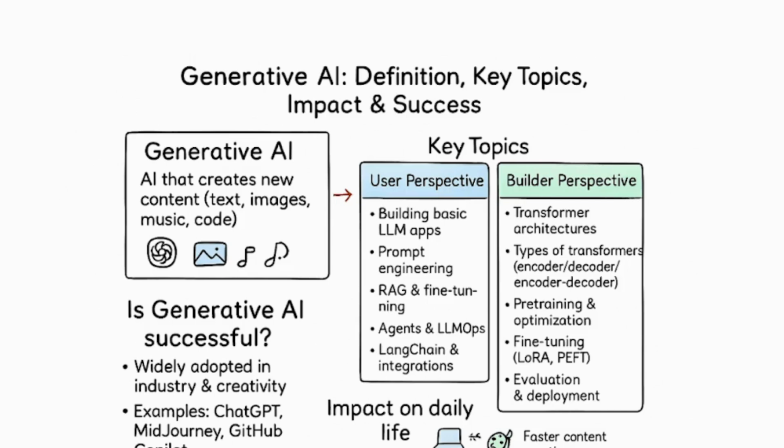After you learn the user side, it helps you learn the builder side, because in the builder perspective we can create models from basics to advanced level, while in the user perspective we can use pretrained models and build apps using APIs. We cannot create something from scratch to advanced on the user side, but on the builder side we can.